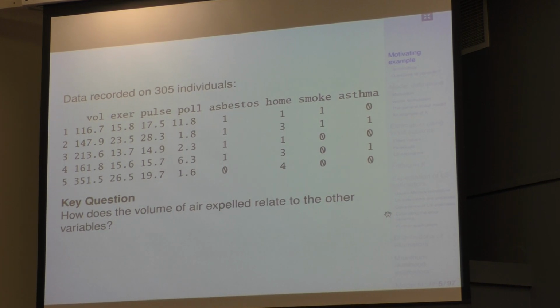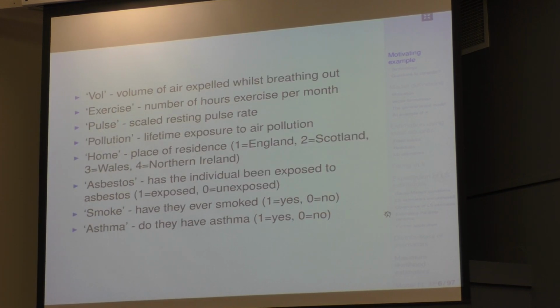But sometimes I have a different example than in the lecture notes. So this is a case where I motivate multiple regression, and this data set is not in your notes. We're interested in this data set on the volume of air expelled in a breathing experiment from several people.